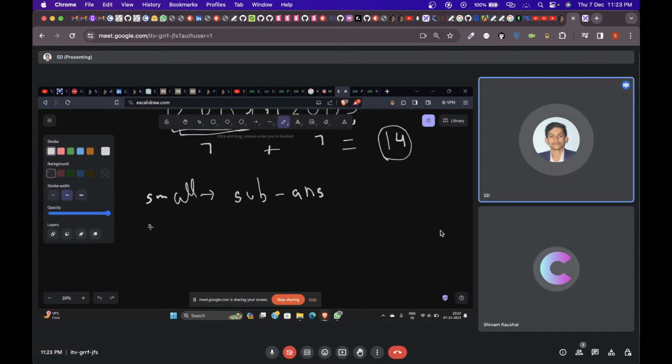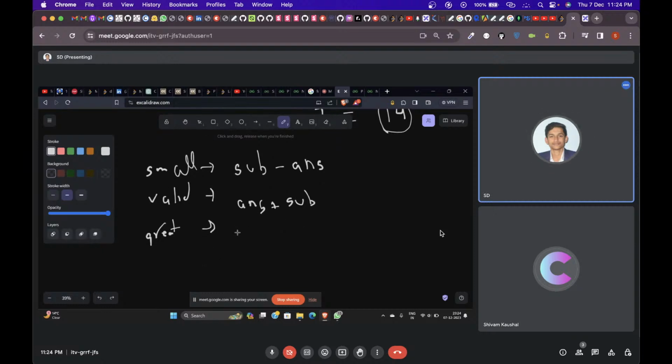Now if the value is valid, then simply add that subarray length to our answer. And if it is greater than, that is in case of 11, then the thing that we are going to do is simply start over.